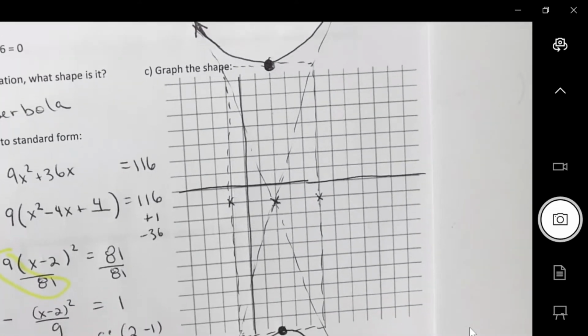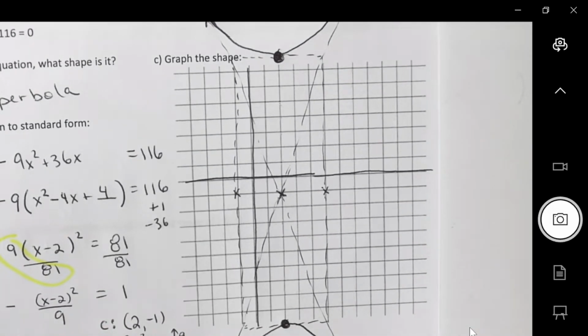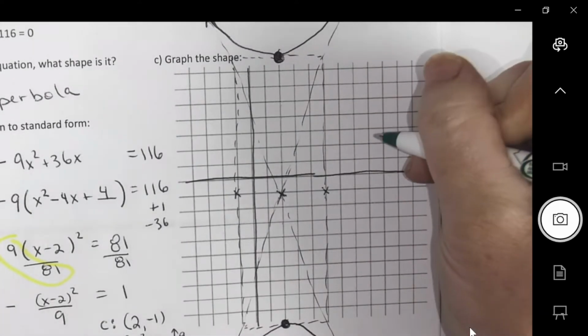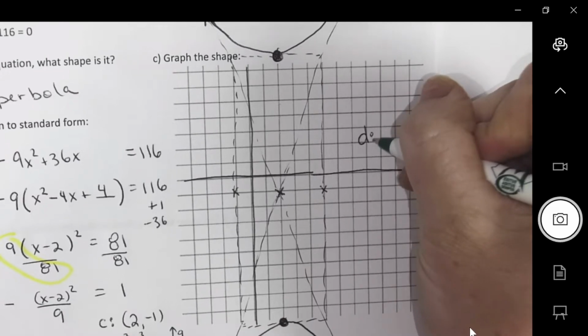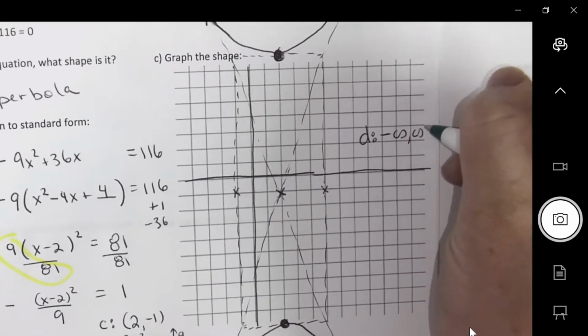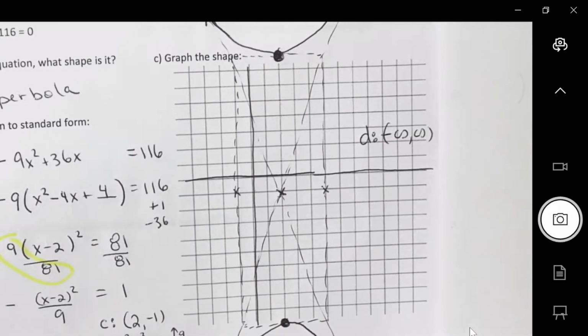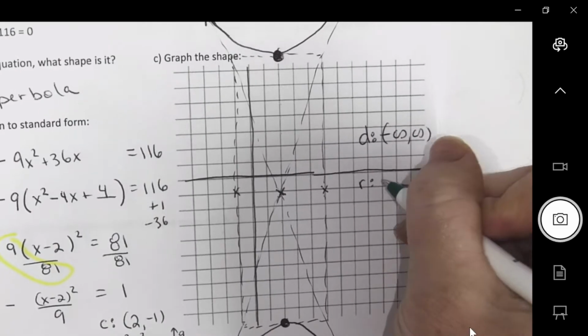So I might have a question about finding the vertices. So do you know how to find those? Okay, the domain and range. So the domain would be negative infinity to infinity. And then the range is the one that we have to pay attention to here.